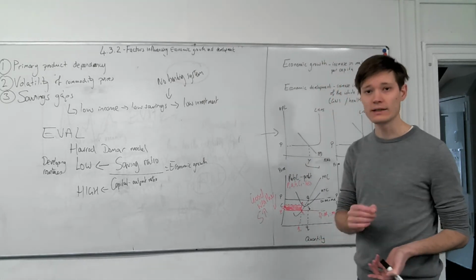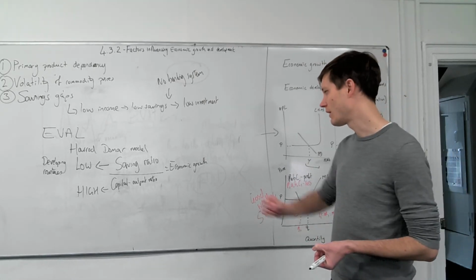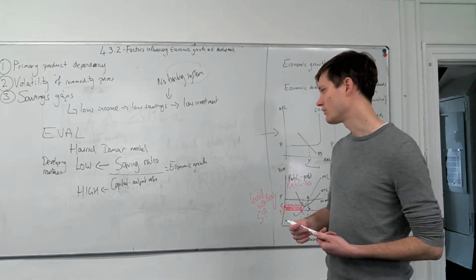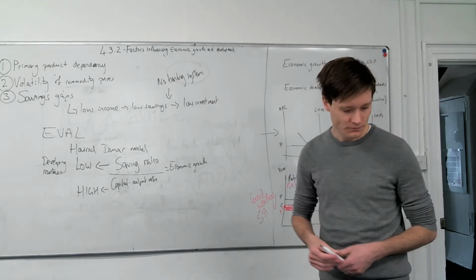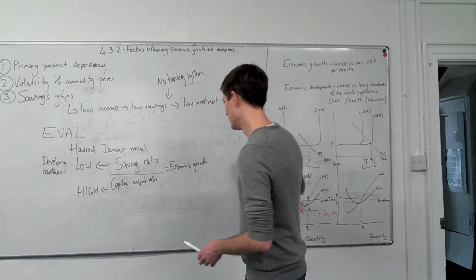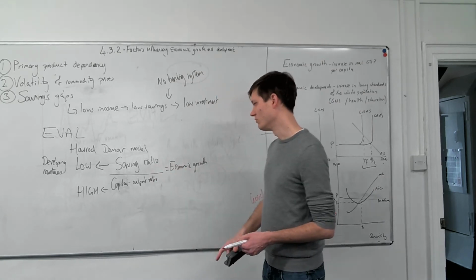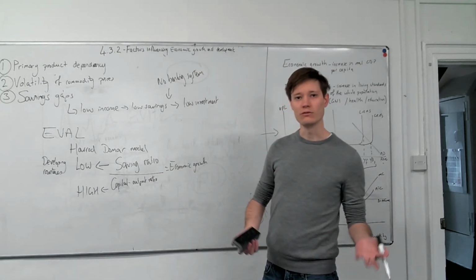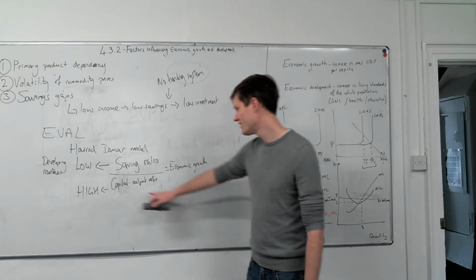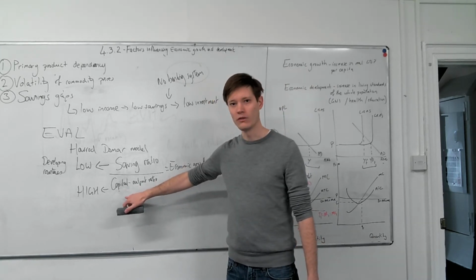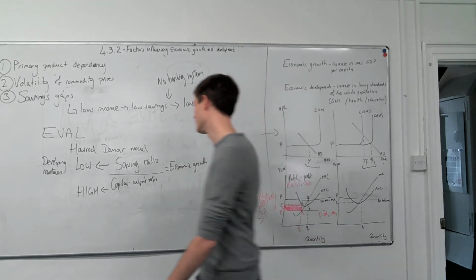If it doesn't do that, you're not going to have that high capital output ratio that you need. Okay, it might also be useful to put some numbers in there as well, just to show it. Sometimes this one is the confusing one. That capital output ratio can be a little confusing as to whether it's high or low.